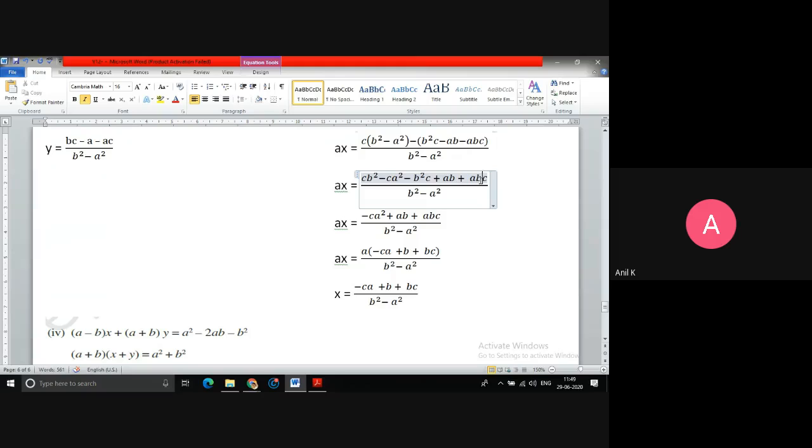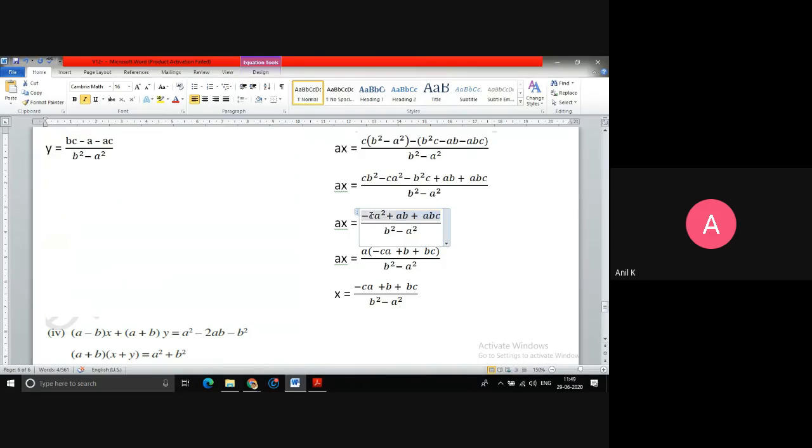Now let's see if there are any cancellations. Yes. Here you see the first term is cb square, and the third term is also b square c, or cb square, both are the same, and with opposite signs, plus and minus, so both the terms will get cancelled. Now what you are left with is minus ca square plus ab plus abc. So I have written whatever terms are left out here.